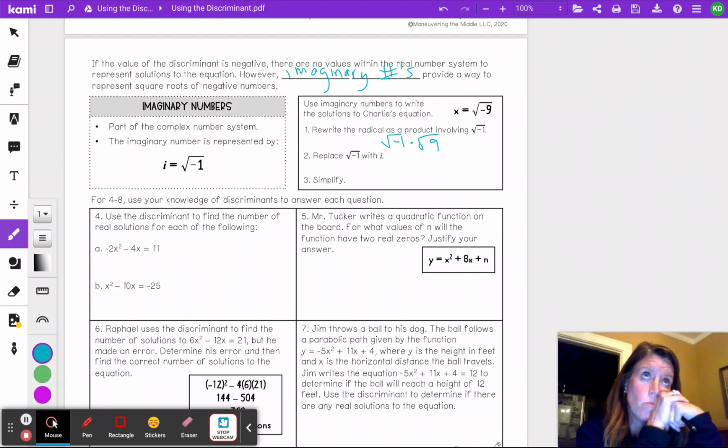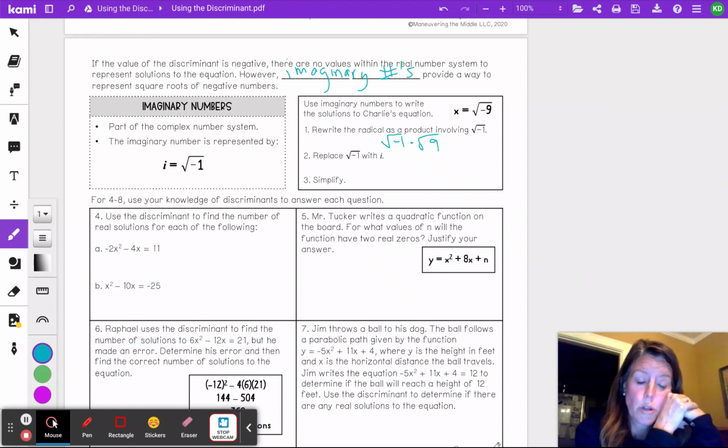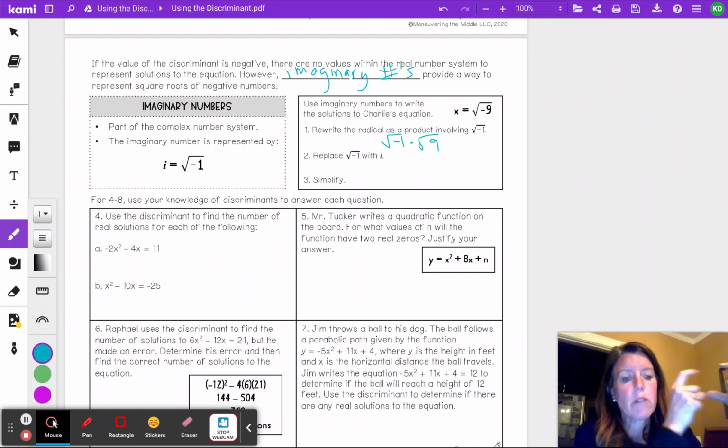So if it was, let me try to get a good one, square root of 24, we could simplify that down as square root of 4 times square root of 6. And then simplified it down even more because square root of 4 is 2. So it could be 2 square root of 6. This is the same thing. We're rewriting it as a product of that.